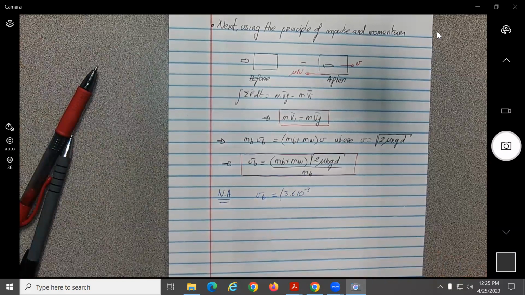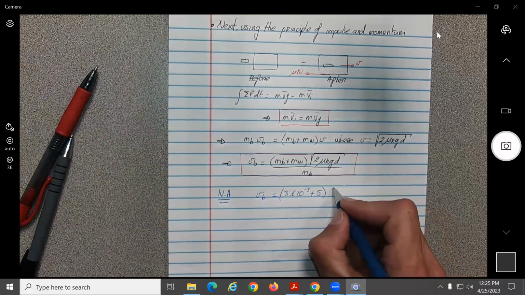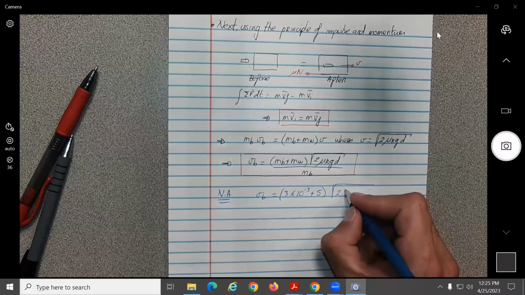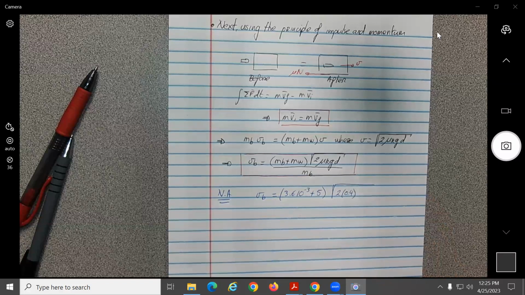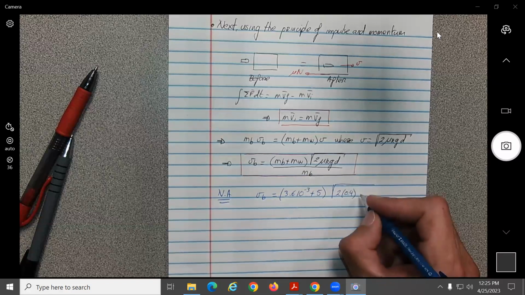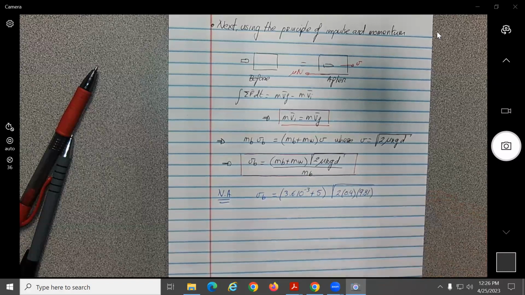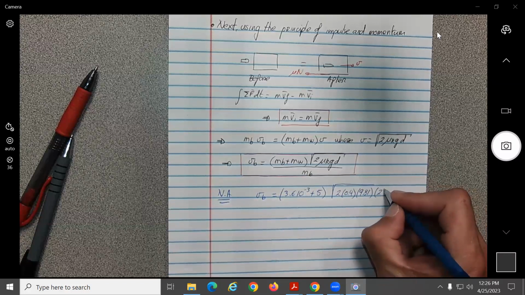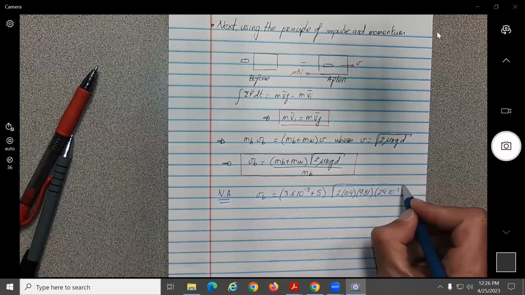All right, so 1,000 plus 5 times the square root of 2 times 0.4, g will be 9.8, and d will be 24 times 10 to the minus 3 meters.